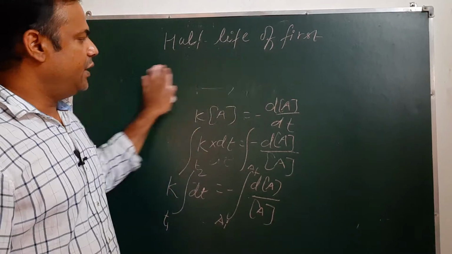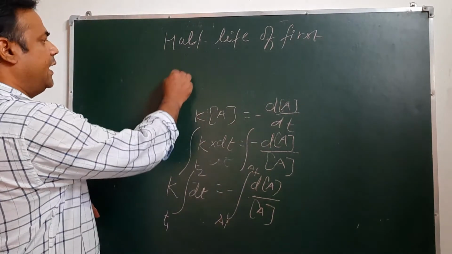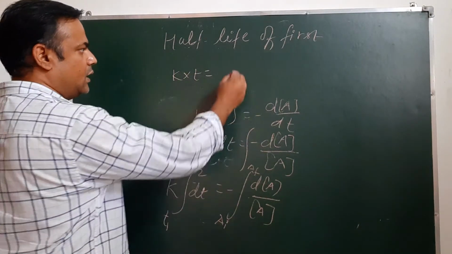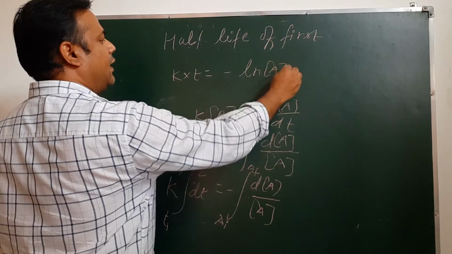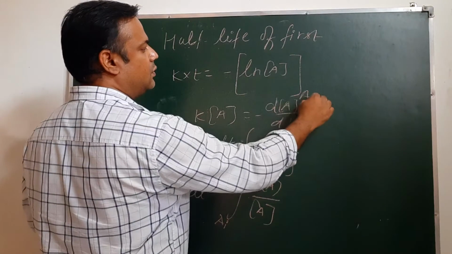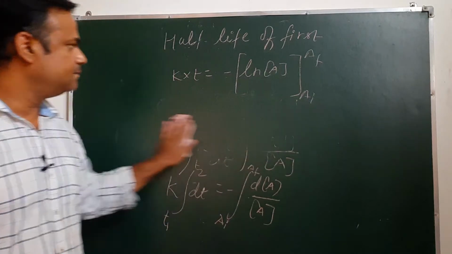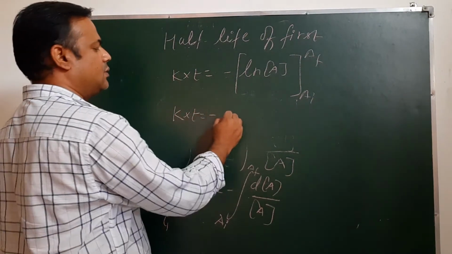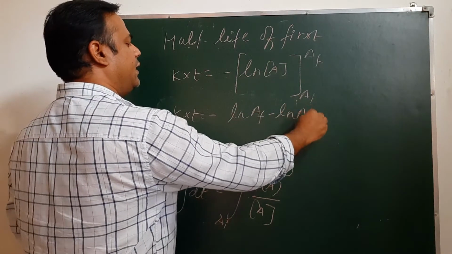Now if we integrate this, then we'll have K into T equals to minus ln A, and the limit will be initial to final. So K into T equals to minus ln A final minus ln A initial.